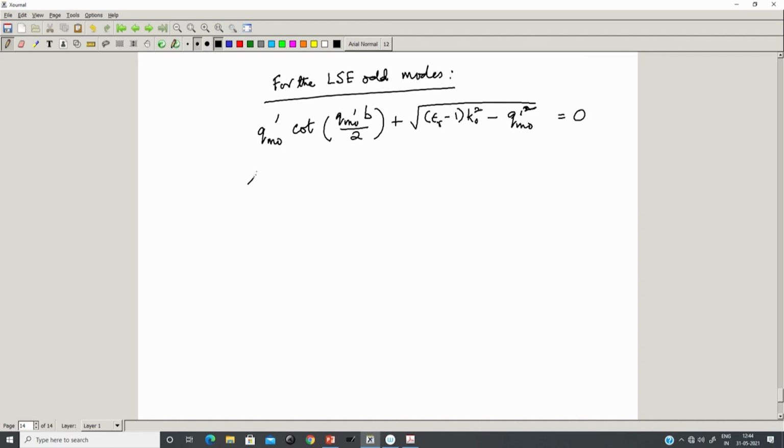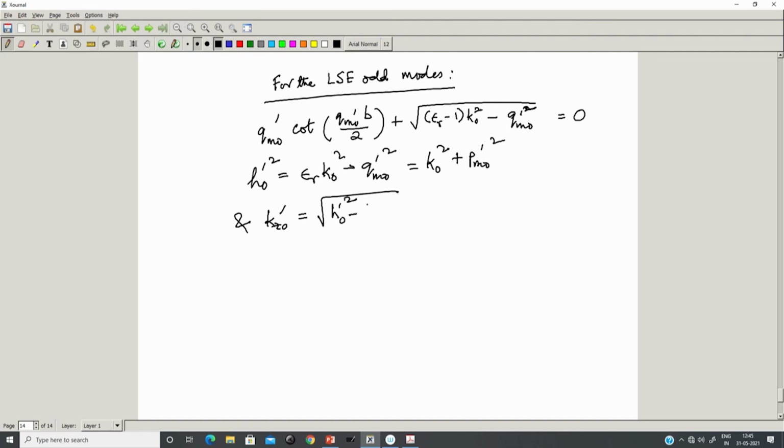Along with the separation equation h_o prime square equal to epsilon r k 0 square minus q_mo prime square, that is equal to k naught square plus p_mo prime square, and the propagation constant along the z direction for the LSE odd mode k_zo prime being given by root of h_o prime square minus (n pi by a) whole square.